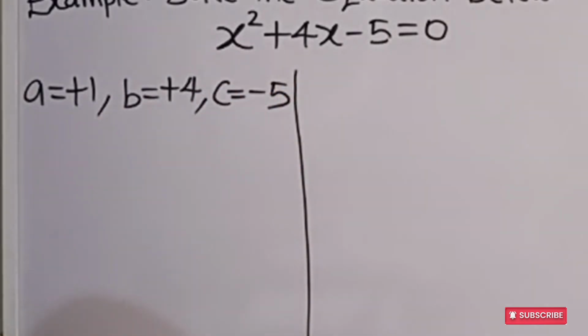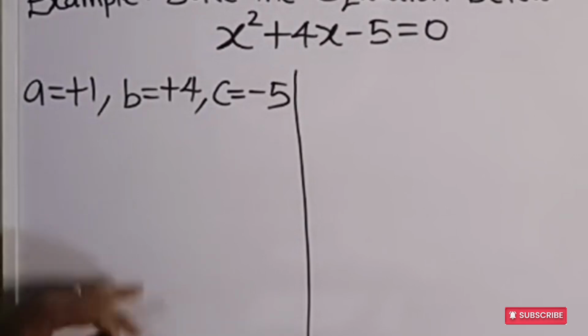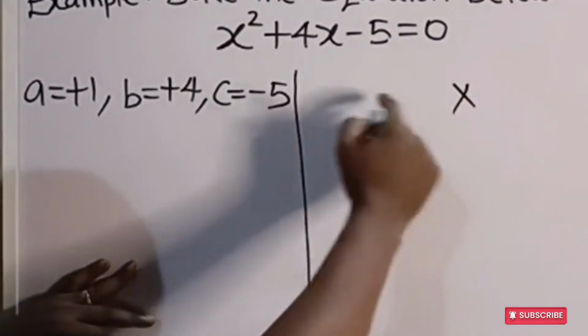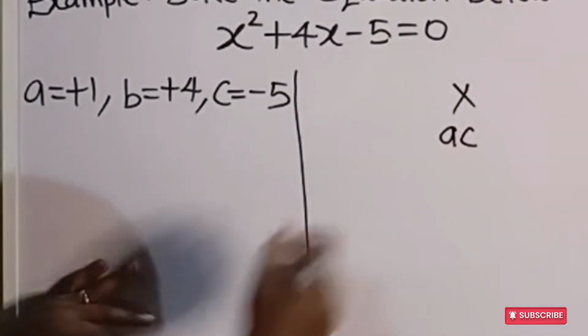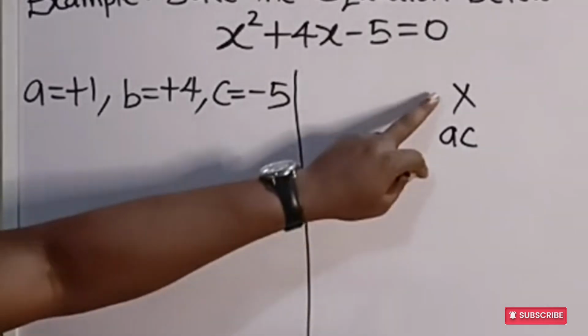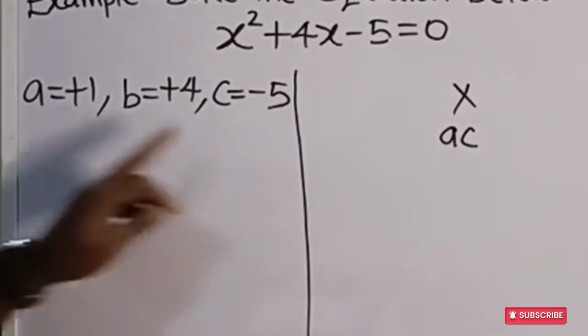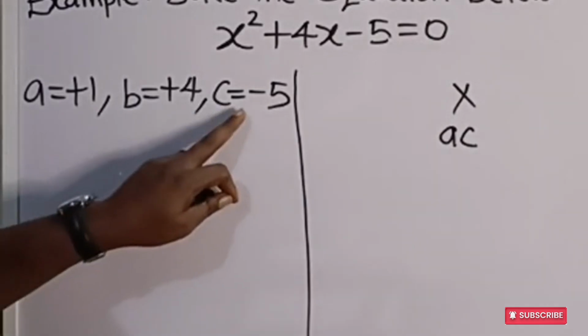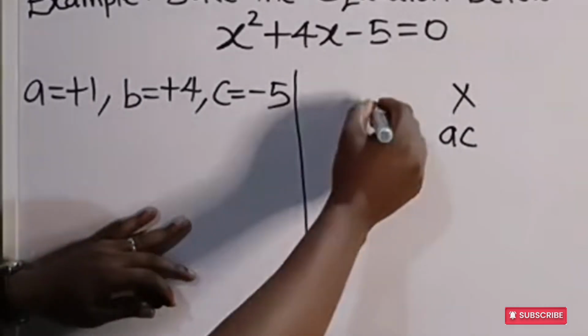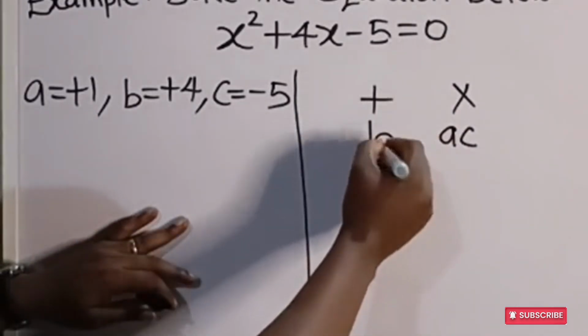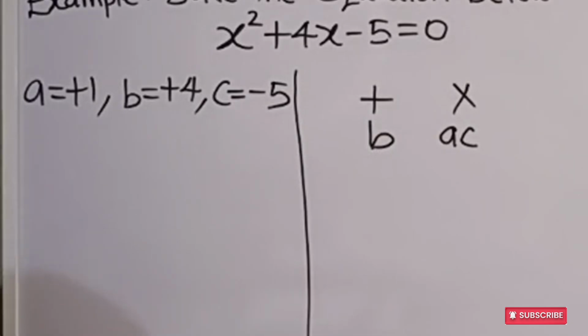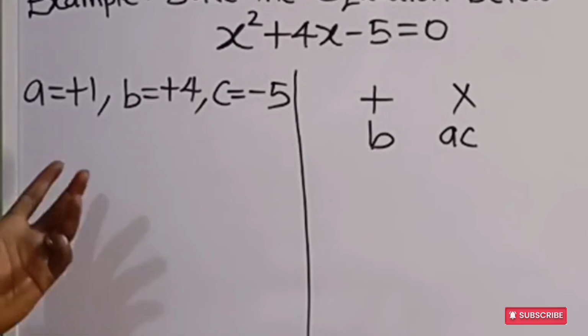For us to do that, we are going to look for two numbers that will multiply themselves to give us AC. Remember, A is plus 1, C is minus 5. And those same two numbers will add to give us B. So we look for two numbers that will multiply to give us AC, and those same two numbers have to add each other to give us B. What is AC?